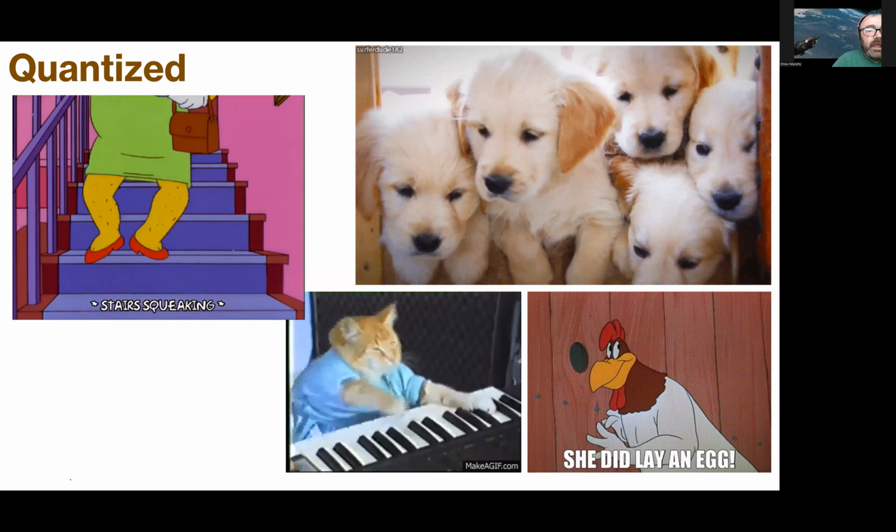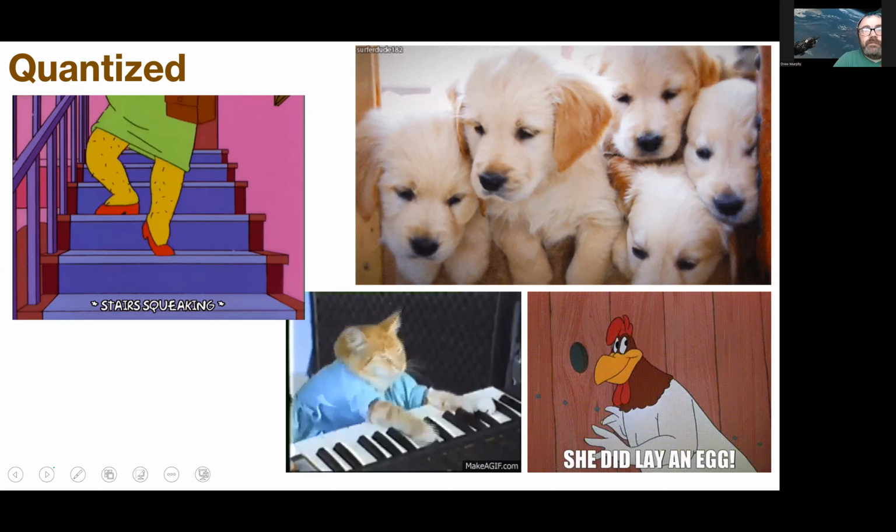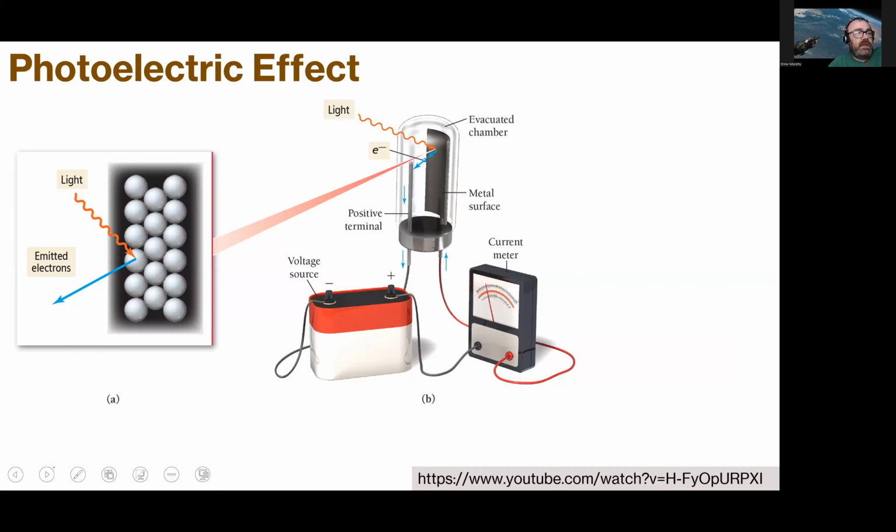This was helpful because this was 1905 now, with Einstein. I don't know why I didn't write Einstein on here. Einstein was looking at the photoelectric effect, which was moderately baffling.